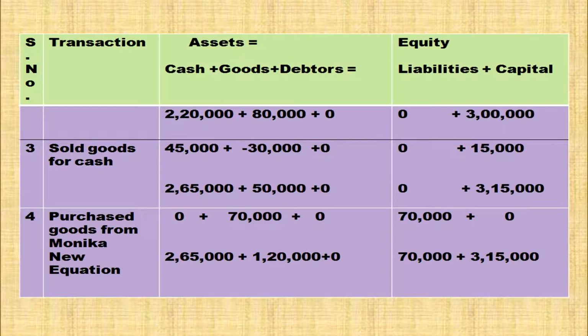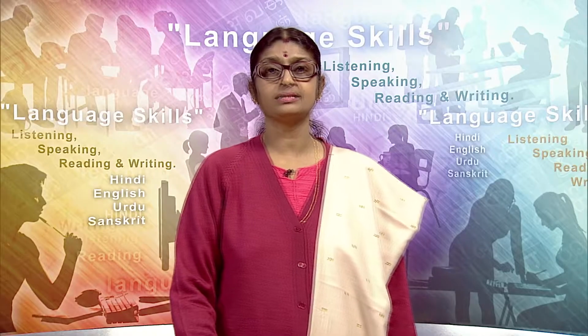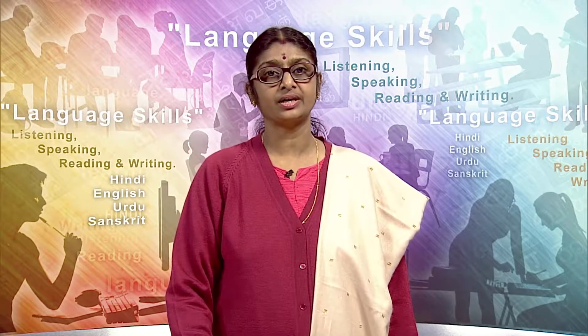In the new accounting equation, cash worth rupees 2,65,000 plus goods 1,20,000 equals liability 70,000 plus capital 3,15,000. On both sides the total came to 3,85,000. So the accounting equation is satisfied.